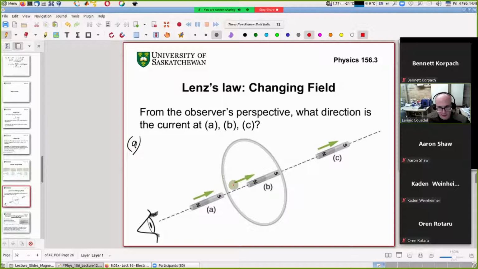So magnetic field lines are going towards us like that. It's a south pole. So the flux here is increasing because the magnet is getting closer. So the magnetic field that will be generated to fight the change, I will draw it in blue, will be in this direction. So the B induced.